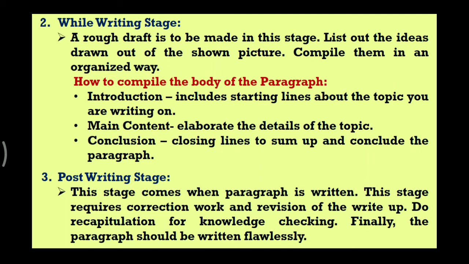Do recapitulation for knowledge checking. Finally, the paragraph should be written flawlessly. Here, correction work is required, means there should not be any grammatical error and other errors like punctuation or sentence structures, means the full paragraph should be error free, right?